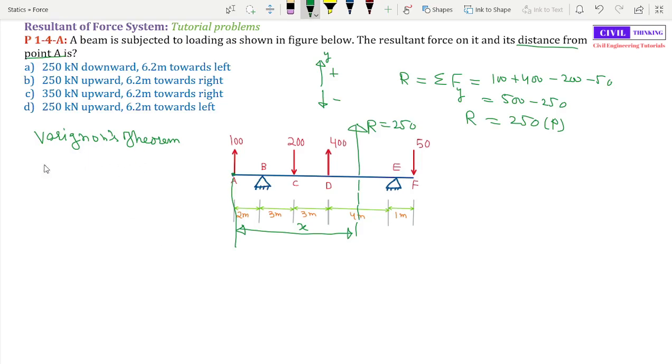According to Varignon's theorem, the moment of the resultant about a point is equal to the moment of the forces in the force system about that point.